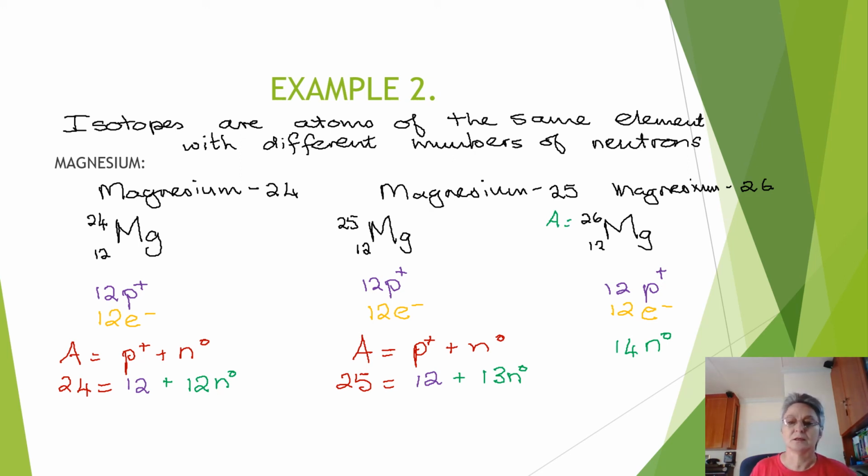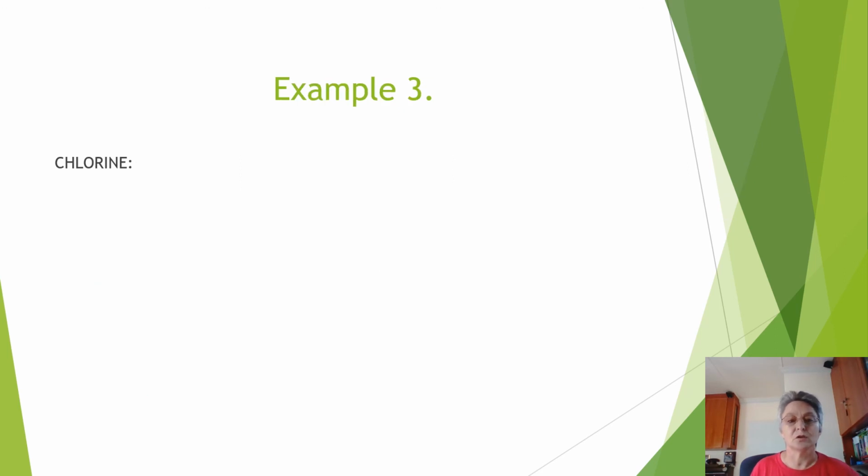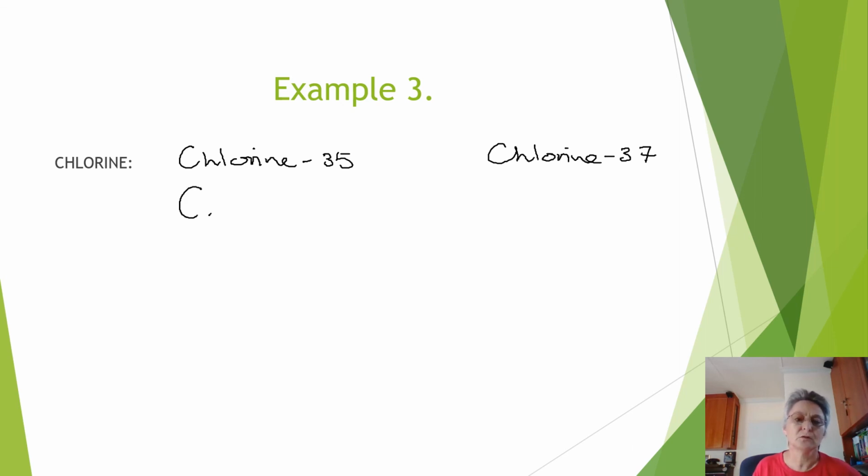Last one we go to is the isotopes of chlorine. There are two isotopes of chlorine: chlorine 35 and chlorine 37. So chlorine's got how many protons? 17 protons.